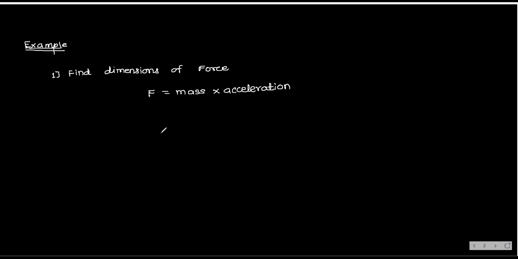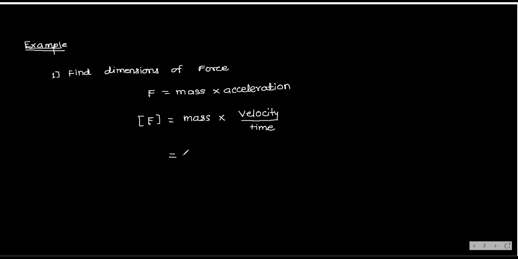Now dimensions started, so I am keeping it in a square bracket. Now this mass is a fundamental quantity, so mass is mass only, into acceleration, which is basically velocity by time. Change in velocity means velocity only, velocity by time.